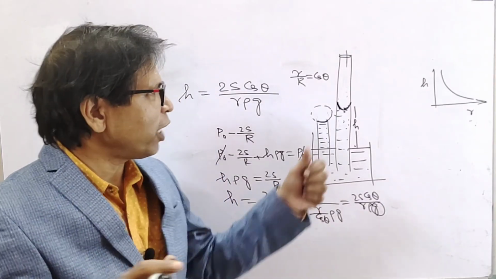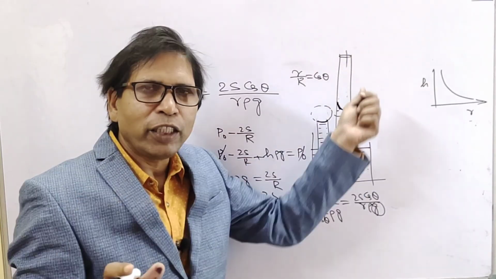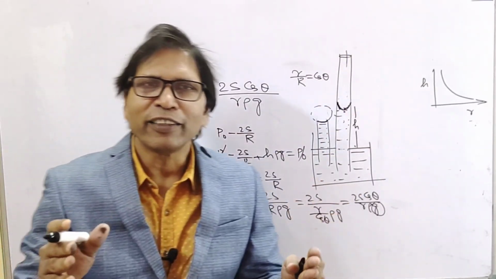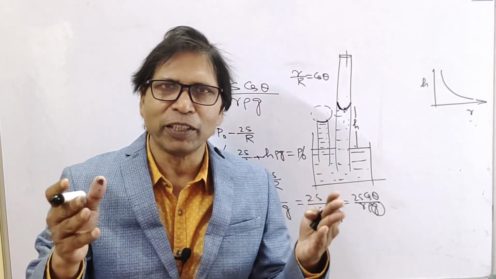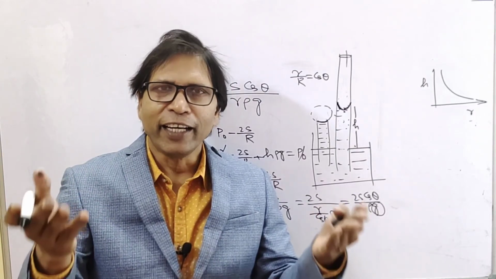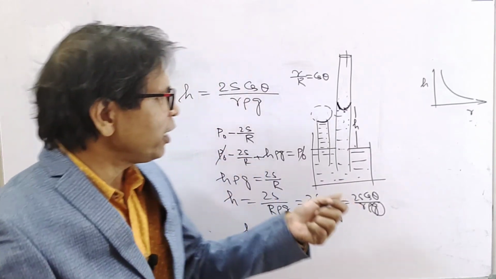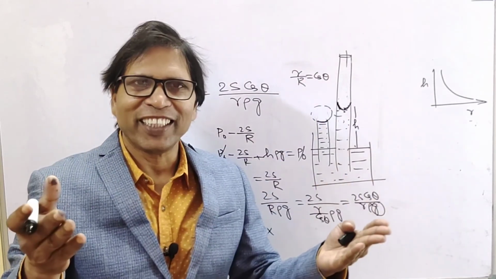The height of the liquid column is just the length of the capillary tube. Suppose the height of the liquid column is 10 cm and the length of the capillary tube is 20 cm. If it is kept in gravity free space, then the height of the liquid column is equal to the length of the tube, that is 20 cm.